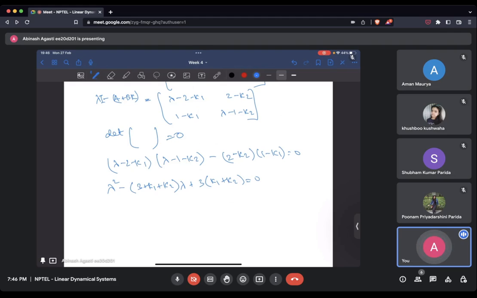So for now, assuming this is true, let's find the solutions of this quadratic. Tell me what should the solution be? Standard ax squared plus bx plus c formula. Yes, so minus b plus minus under root b squared minus 4ac upon 2a.